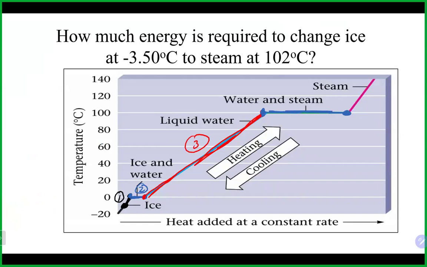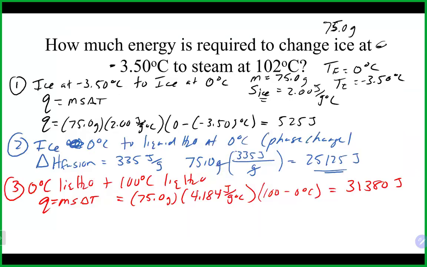So we need a transition from liquid to gas, and that is going to be our heat of vaporization. Again, that happens at the same temperature; the only thing we change is the phase.